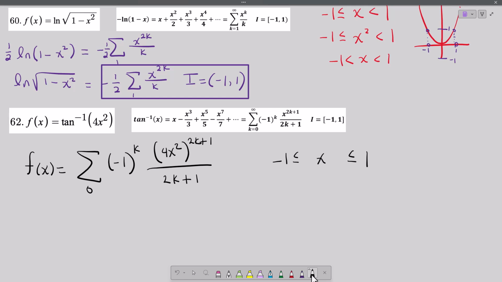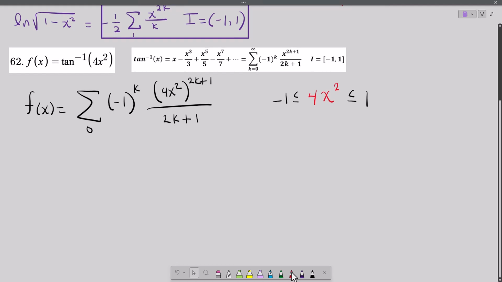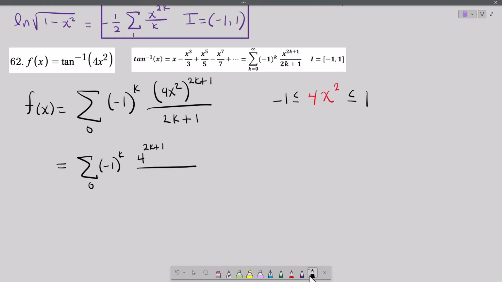But we have to do the same substitution over here. Whatever we substituted over there, we have to substitute right there. Got to do that. So our final form for this power series will be -1 to the k. Here we're going to have a constant of 4 raised to the 2k plus 1, and then that's multiplied by our power of x, which will be x to the 4k plus 2, divided by 2k plus 1.